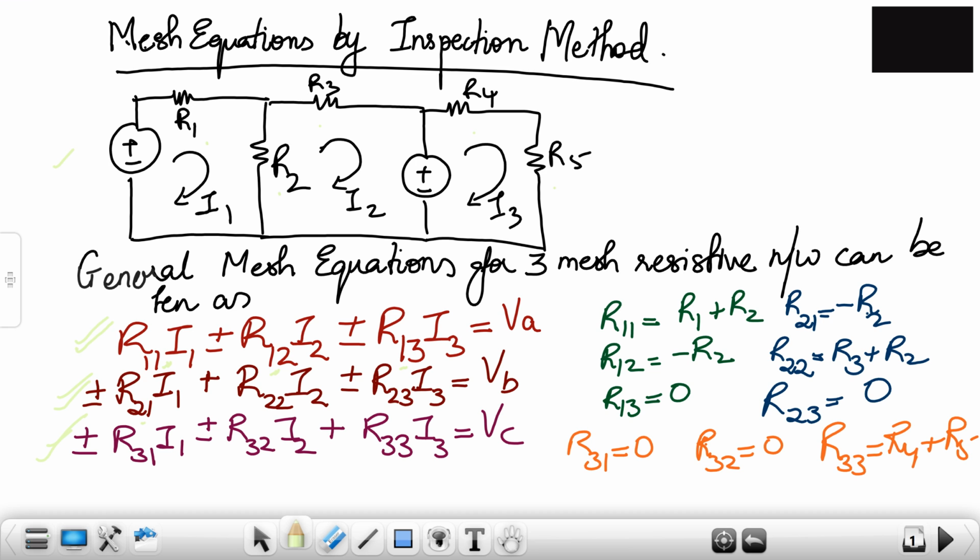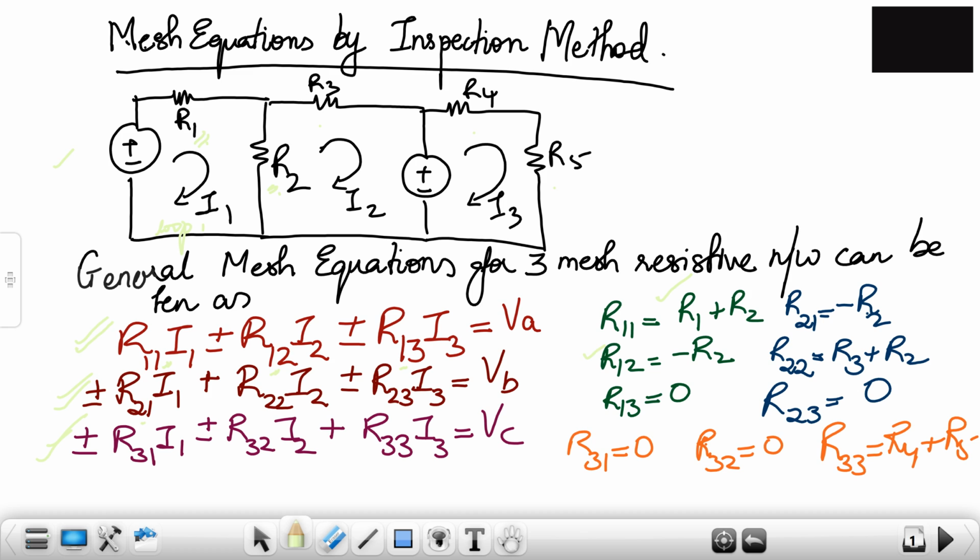what is R11? R11 is the sum of the resistances with respect to loop 1. That is, R11 is equal to R1 plus R2.